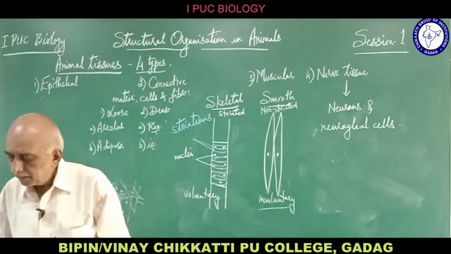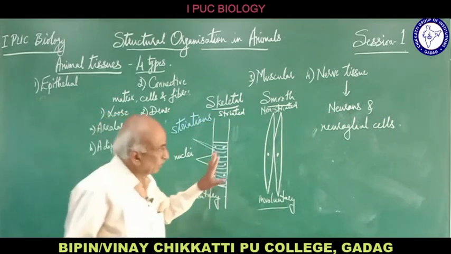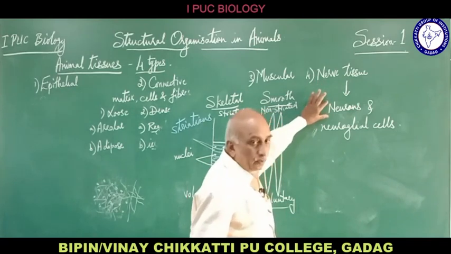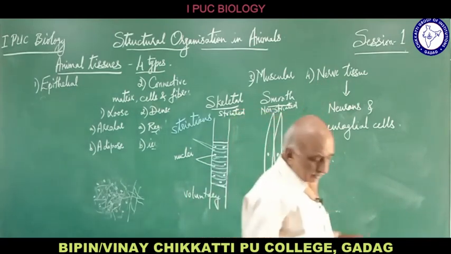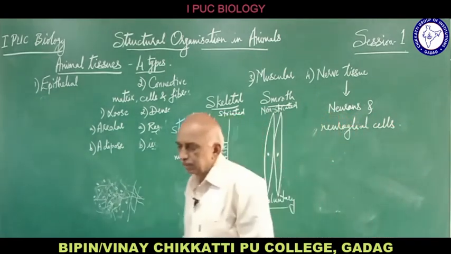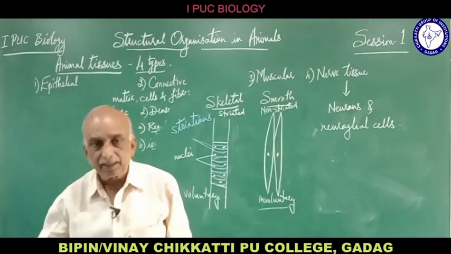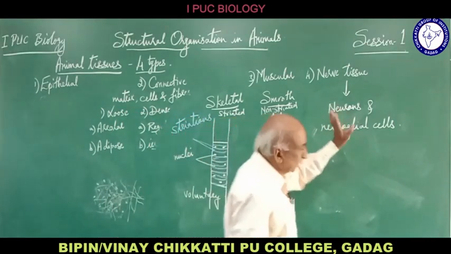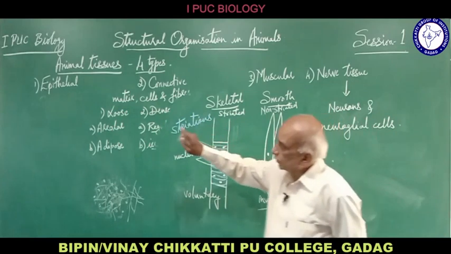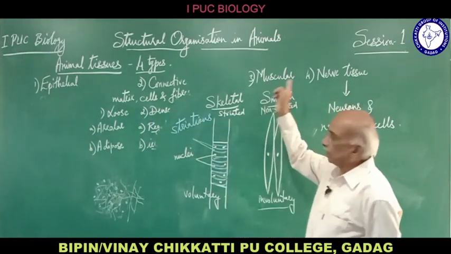So these are the four types of animal tissues. The structure of the neuron and the neuroglial cells we will study in another chapter in detail, but here we are just mentioning the type of cells present in the nerve tissue. So they are the four types of tissues: epithelial, connective, muscular and nerve tissue.